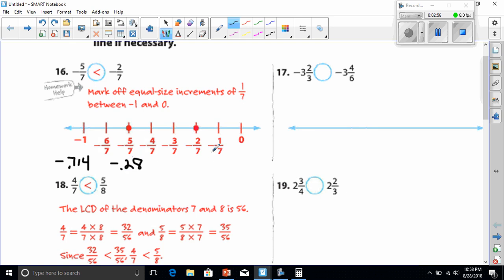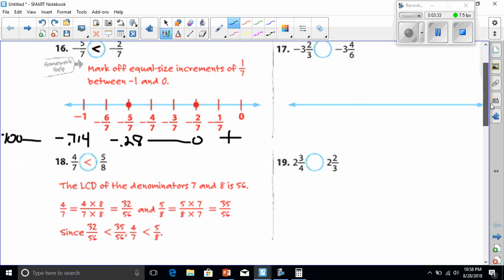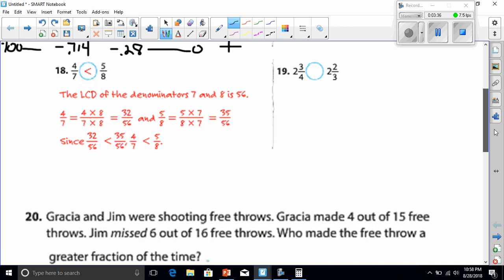But wait a minute, remember, if we're putting this on a number line, from 0 to 100, let's say, 0 being over here and 100 being over here, we have to remember these both have negative signs in front of them, which means my positive sides are over here. -0.28 would actually be a greater number than -0.714. All right? So their symbol, -5 over 7 is less than -2 over 7, is correct. Let's go to number 18.